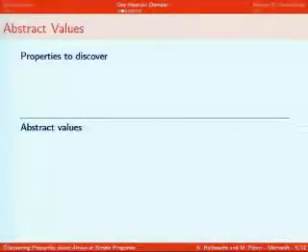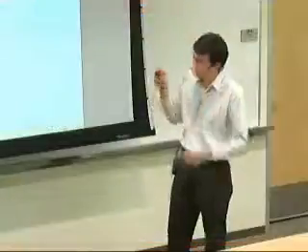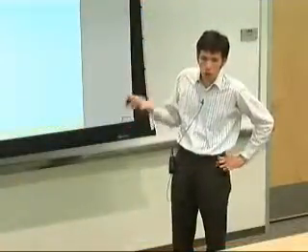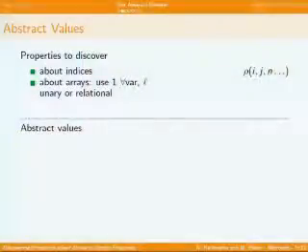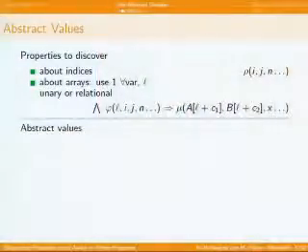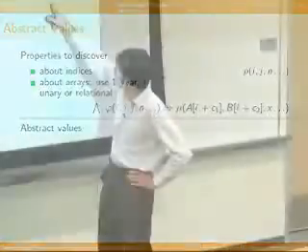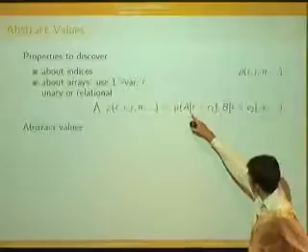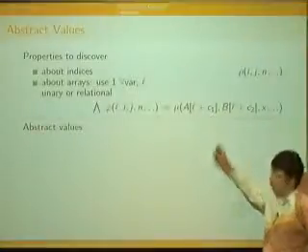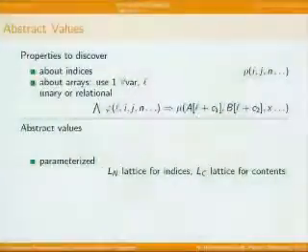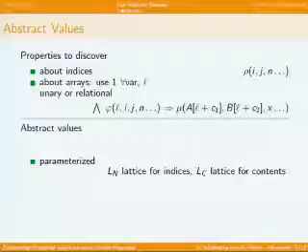So in a more formal way, what are our abstract values? I remind you the properties we want to discover are a conjunction of a property about indices, rho, and a set of properties about arrays, where arrays appear just like this, A at L plus a constant. So our abstract values have parameters.